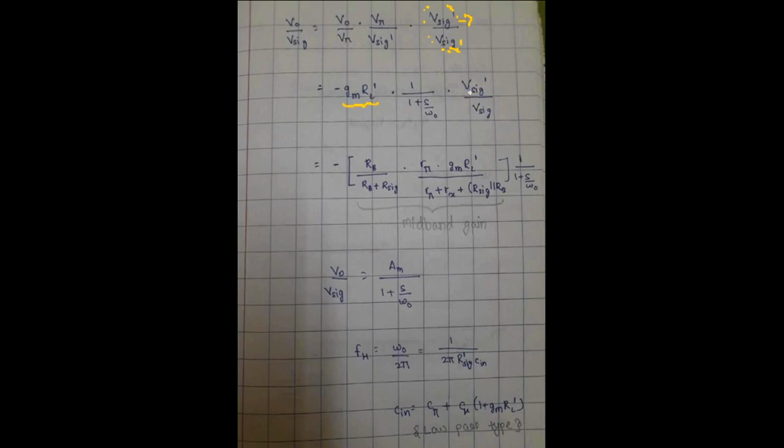We know what V signal dash was in relation to V signal, so we replace it with all those terms, R pi divided by R pi plus Rx plus R signal parallel to RB. We take all of the terms out except this particular term. So this bracket that you have here is called the midband gain.